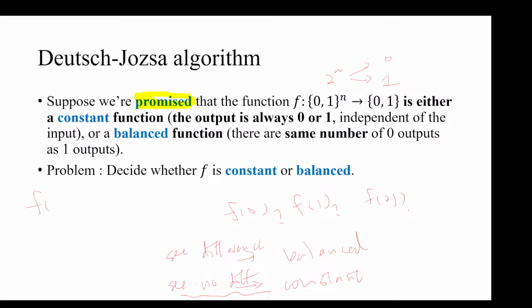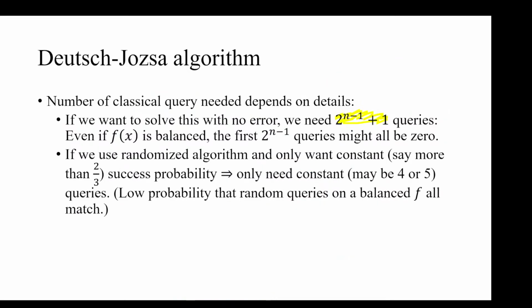Okay, you have f of x1, f of x2, where the xi are random. I guess I should write a second page. Okay, so if you have a random algorithm, then you have x1, x2, xi, i.i.d. random, and then you ask what's f of x1, f of x2, f of xi.